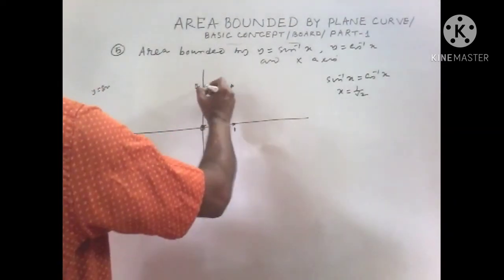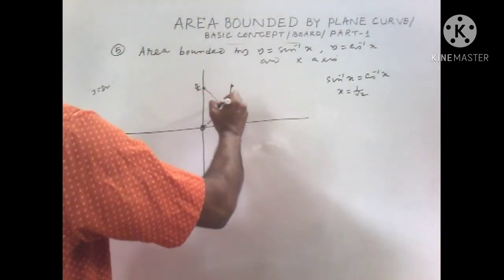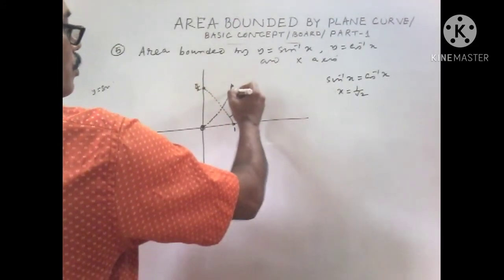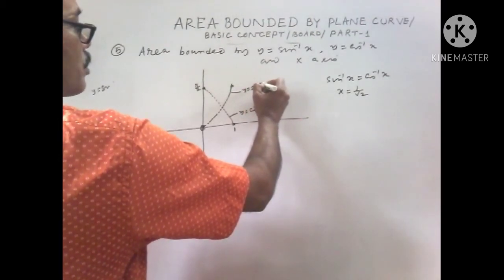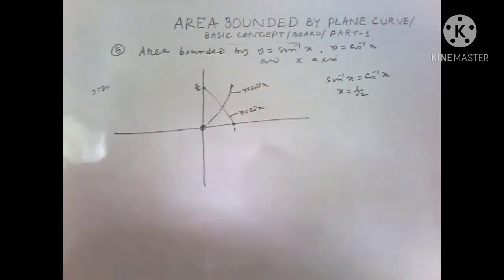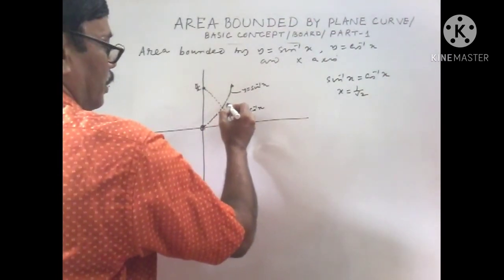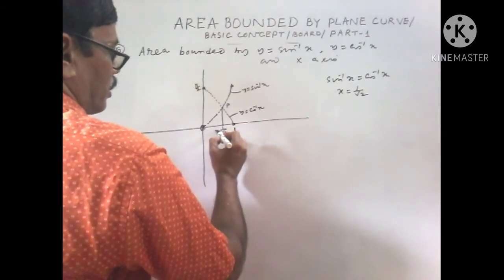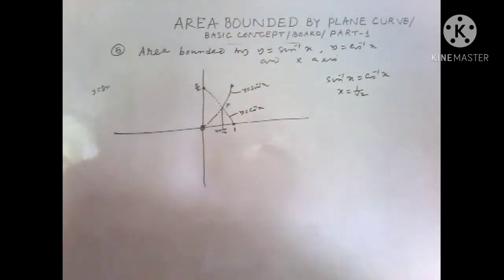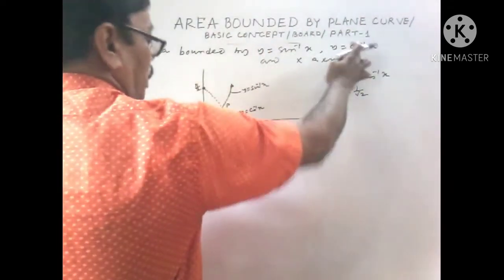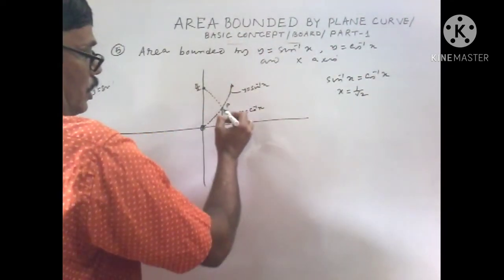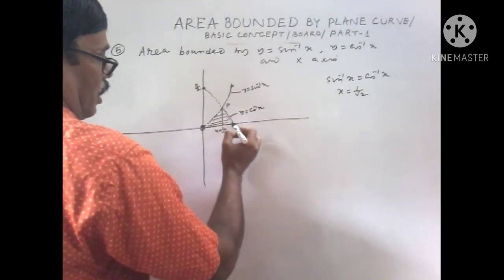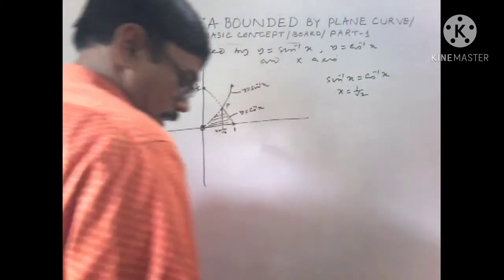So this is y equals cos inverse x, y equals sin inverse x, and they intersect at P, where x equals 1 by root 2. So we find the area bounded by these two curves and the x-axis. This is our area.